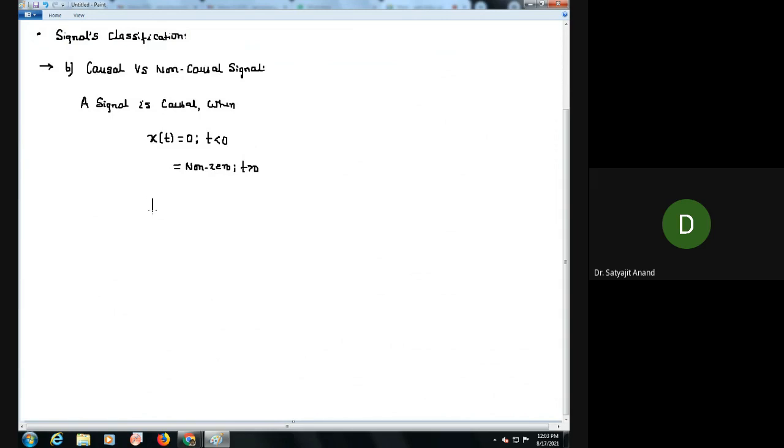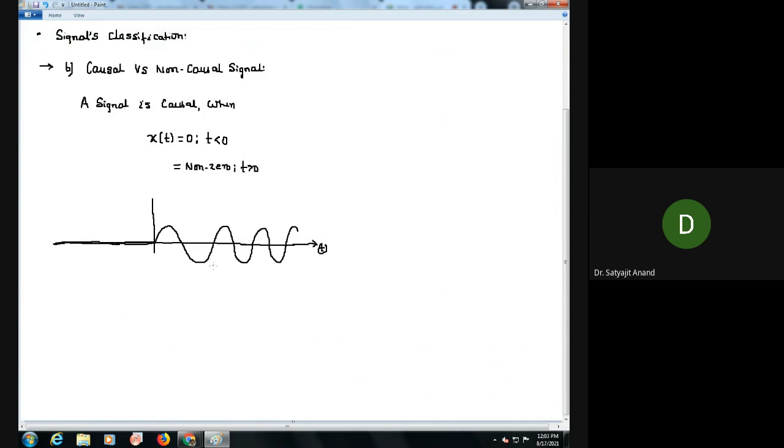What does this mean? If you consider this as an example, this is my sine wave. We have only one side of this signal, the positive side of the independent variable t, and there is no magnitude on the negative side of the independent variable. It means we have magnitude completely 0.